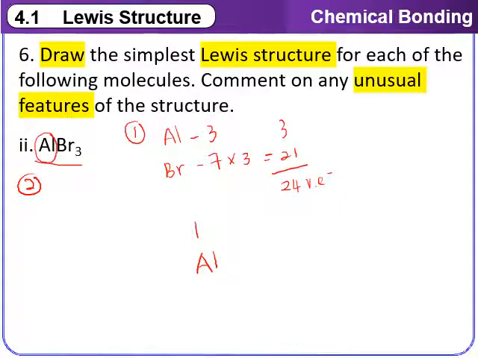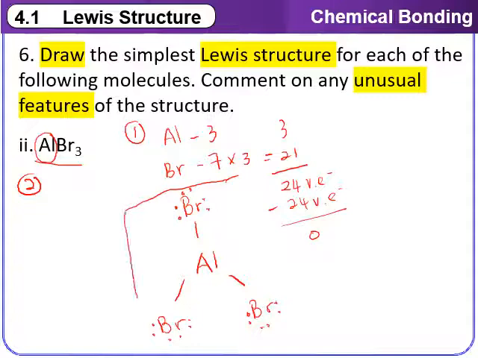Then step number 3, we draw the skeletal structure. Each terminal atom, make sure it is octet, so add another 6 electrons or 3 lone pairs. Here we have 3 terminal atoms, 3 times 8 equals 24, minus 24. In this case, there is no extra electron. So this is the Lewis structure for AlBr3.